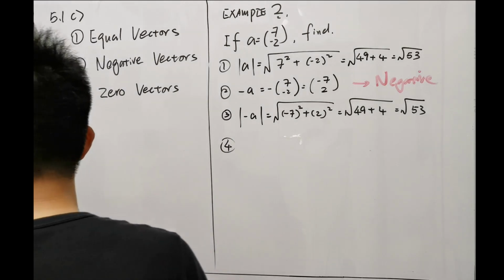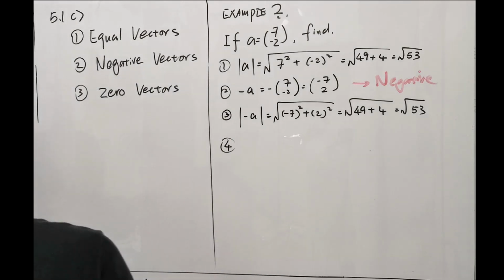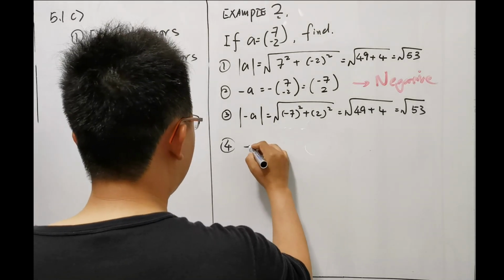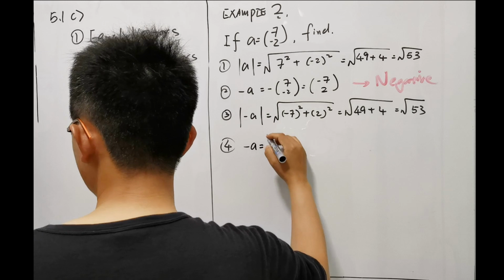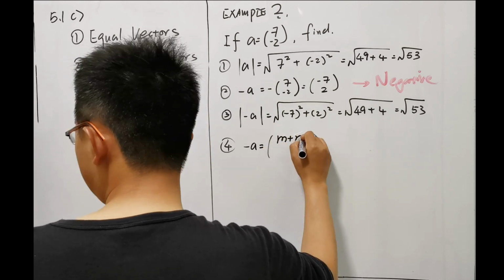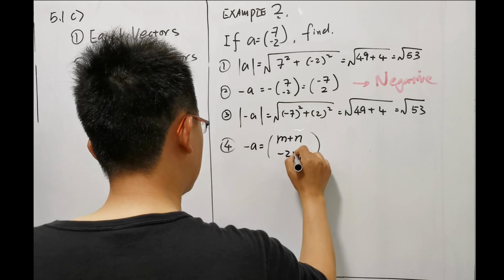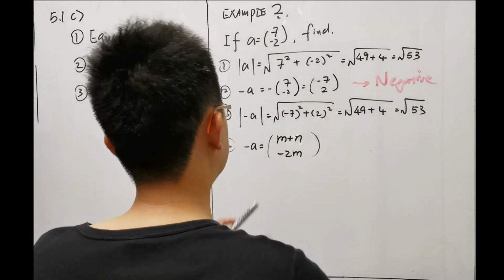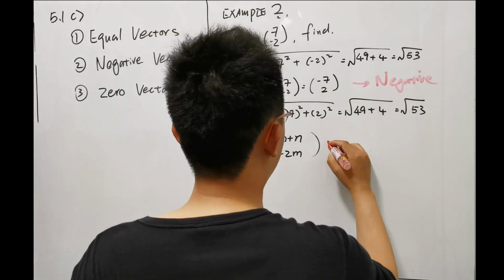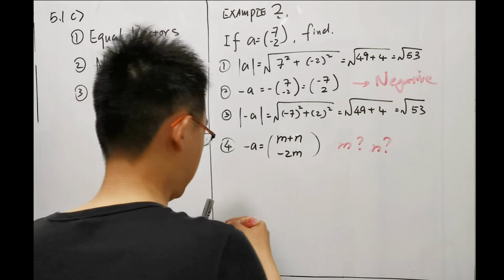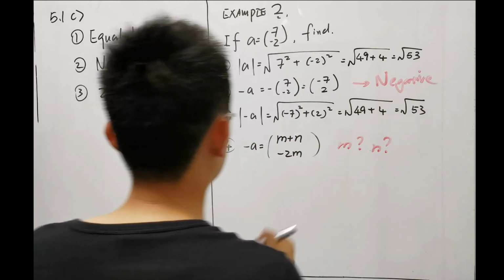So if we know minus A equals (m plus n, minus 2m), we need to find, let's say we know this equation, how much m is and how much n is. Now let's look at it here.